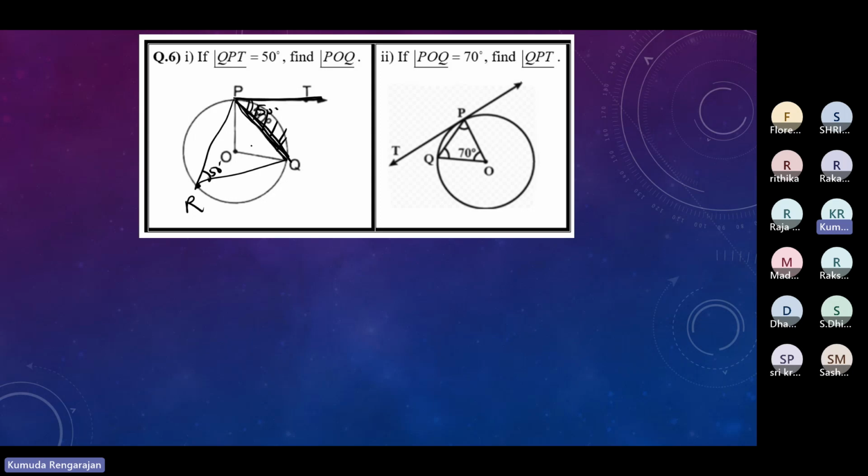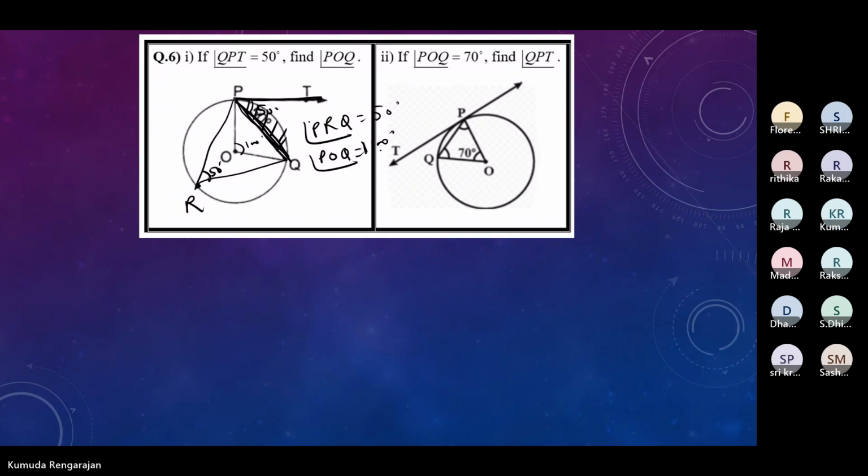Now we know that the angle subtended by an arc at the center is double the angle subtended by the same arc at any point on the remaining part of the circle. So if this is 50, this is 100. PRQ is 50 degrees, so POQ will be equal to 100 degrees.